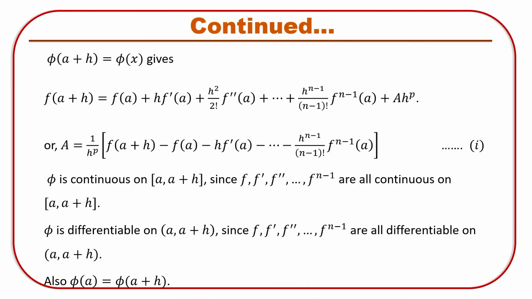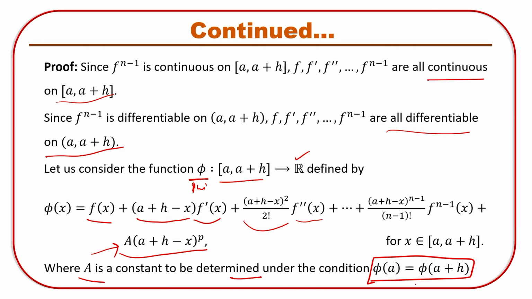You have already done this using Rolle's theorem, mean value theorem and so on, Lagrange mean value theorem and Cauchy mean value theorem. So, phi(a plus h) equal to phi(a) gives f(a plus h) equals f(a) plus h f'(a) plus h square by factorial 2 and so on.